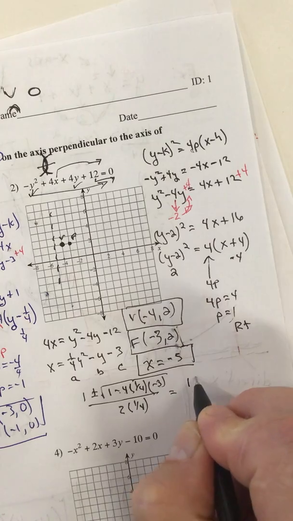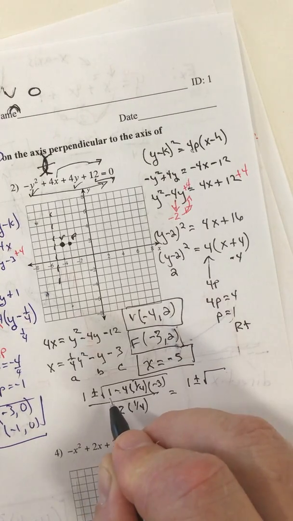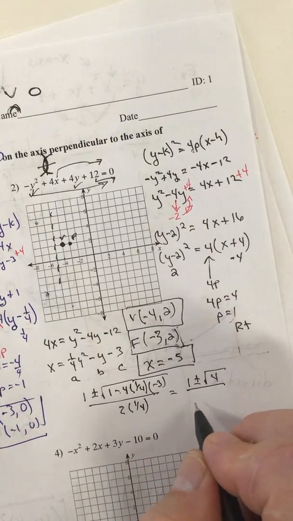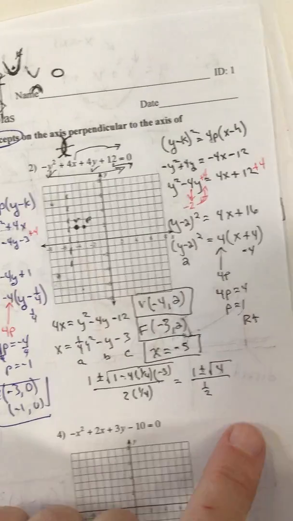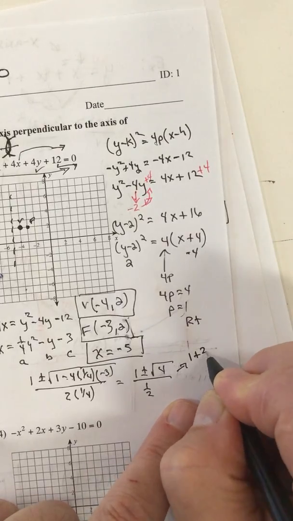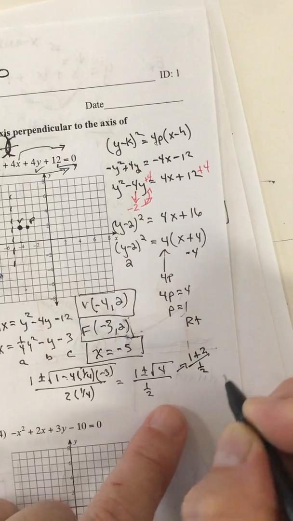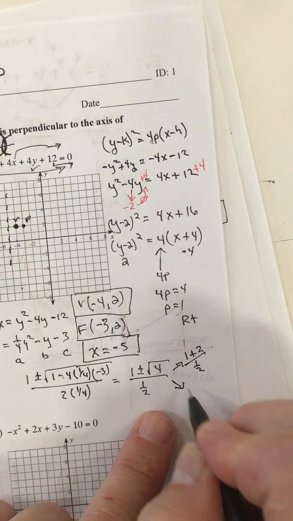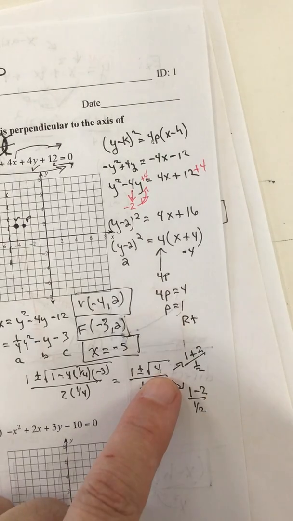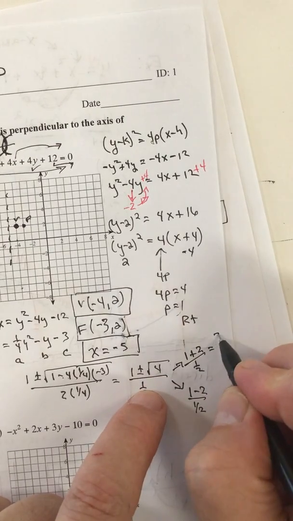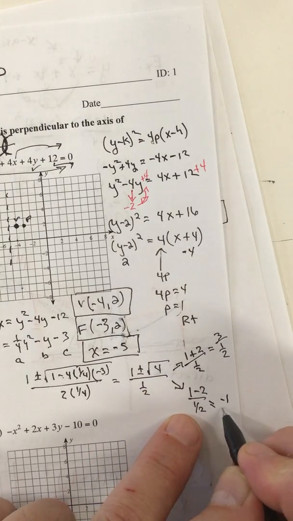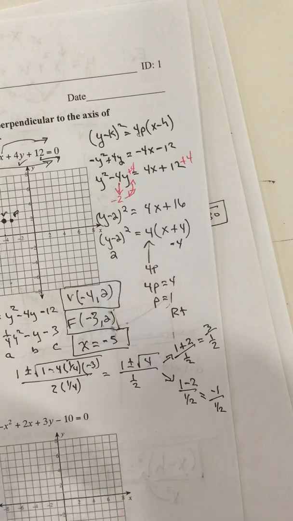So we have 1 plus or minus the square root of 1 plus 3, which is 4. 2 times the fourth will be 1/2. So it looks like we've got 1 plus 2 divided by 1/2, and we've got 1 minus 2 divided by 1/2, because the square root of 4 is 2. So here we have 3 over 1/2, and here we have negative 1 over 1/2.